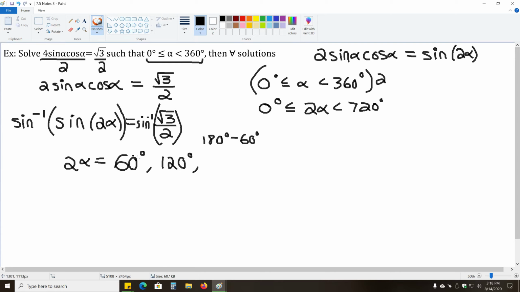Once we make a complete rotation, we'll be back to the same angle value when we plug it into sine. So 60 degrees plus 360 gives us 420 degrees, and 120 degrees plus 360 gives us 480 degrees. And we'll show the work off to the side just very quickly.